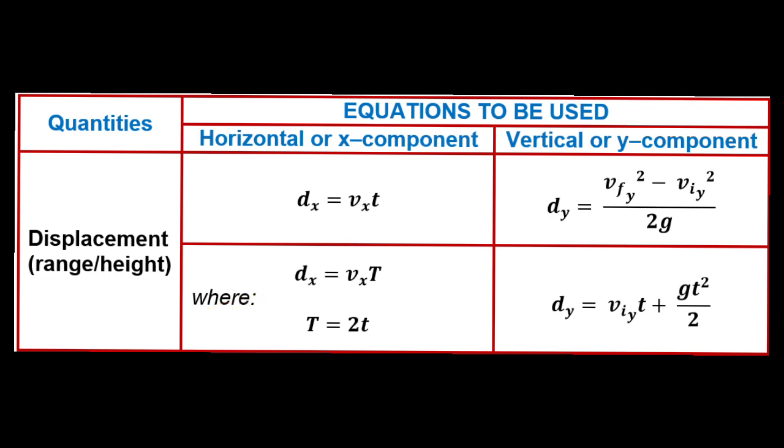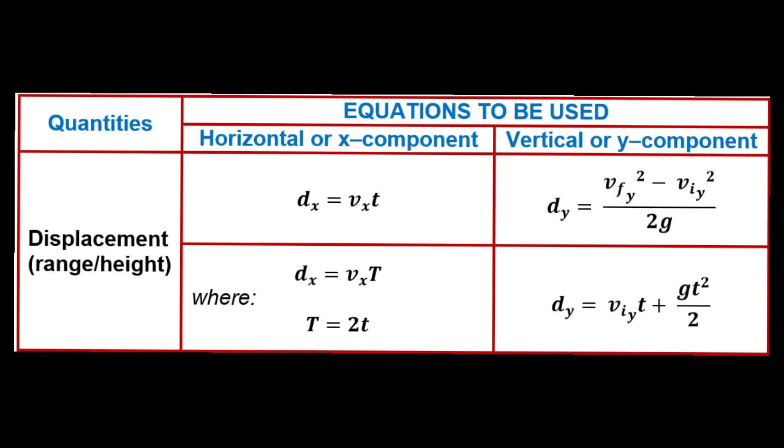To solve for the vertical displacement or the height or the maximum height, these are the formulas. dy is equal to Vfy squared minus Viy squared over 2g. Here, Vfy can be 0 if we are talking about the projectile at the maximum height moving from the lowest position, or Viy is equal to 0 if we are talking about the projectile moving from the maximum height to the lowest position.